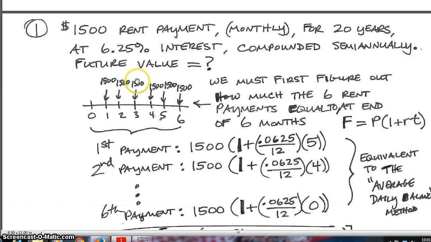So it's true that these are accruing interest, but it's just not being compounded. So first you have to figure out how much those 6 payments equal to at the end of the 6 months. In other words, these 6 payments are going to be equivalent to if you just put some lump sum at the end of the 6 months. And we have to figure out how much is that lump sum that's equivalent to those 6.